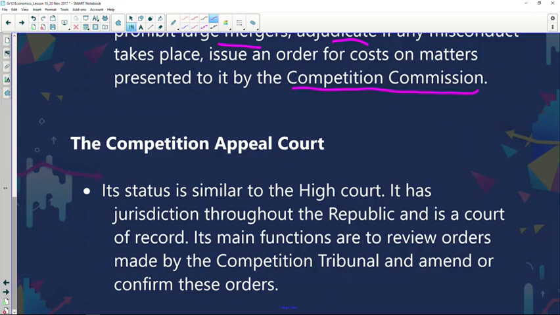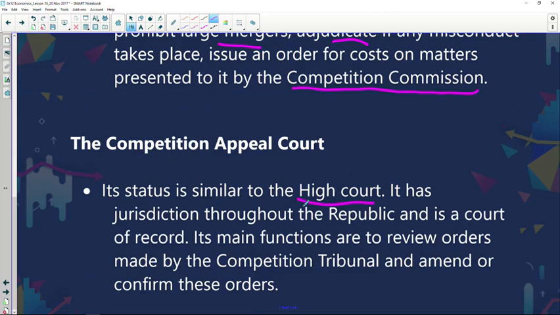So its status is similar to the High Court, because in terms of law, if you are not happy with the judgment made by the court, you can approach the High Court for an appeal, and then they will make the final judgment on the action itself. So it has jurisdiction throughout the Republic and is a court of record.